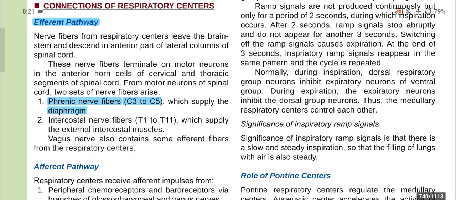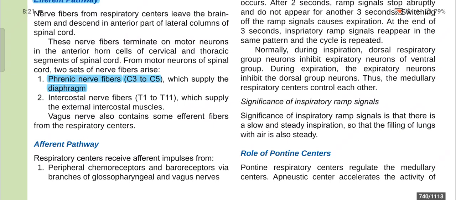Now, nerve fibers from the respiratory center leave the brainstem, then descend down in the anterior part of the lateral column of the spinal cord. Then these fibers terminate on the motor neurons in the anterior horn cells of the cervical and thoracic segment of the spinal cord. Then from the neurons of the spinal cord, two sets of nerve fibers arise. First one is the phrenic nerve fiber, which is C3 to C5 and supplies the diaphragm.